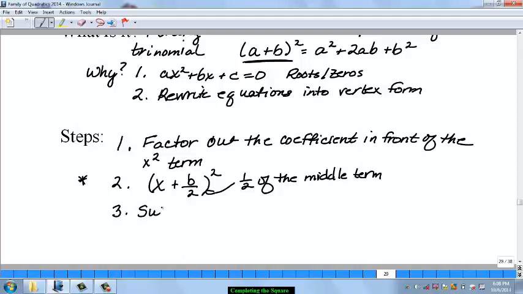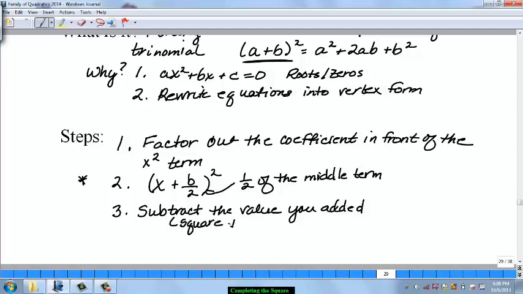So you have to subtract the value you added by doing that term. And you'll see what that means in a little bit. What you really do is you square the second term in the parentheses, and you subtract it, because you want to get rid of what you had.